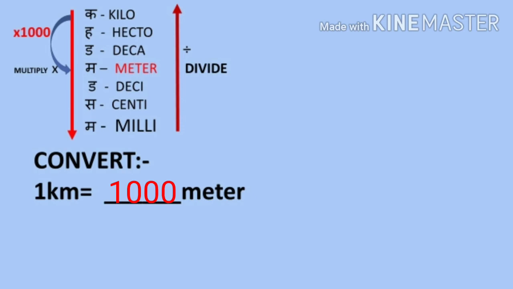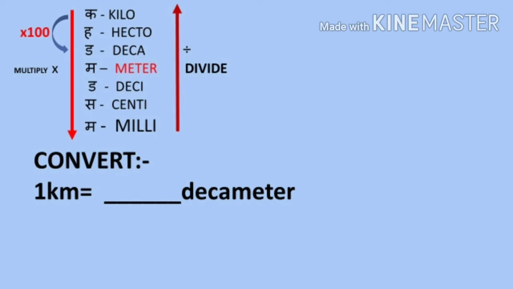So 1 kilometer is equal to 1000 meter. Here you have to convert 1 kilometer into decameter. For this, you can see from the chart, you have to come down 2 steps. Means you have to multiply by 10 squared. So the answer will be 1 kilometer is equal to 100 decameter.